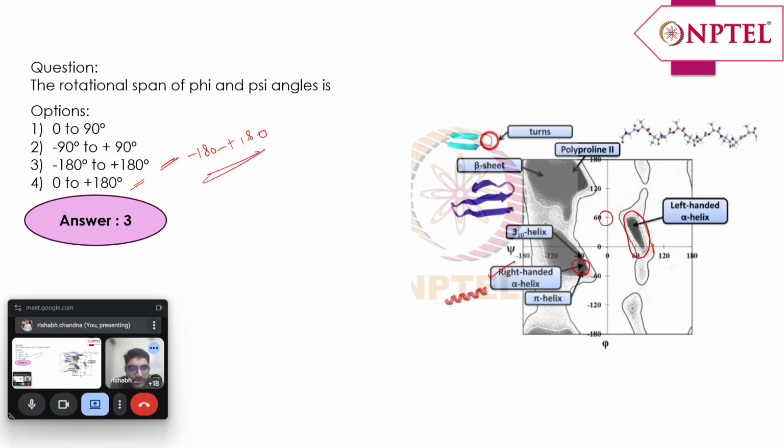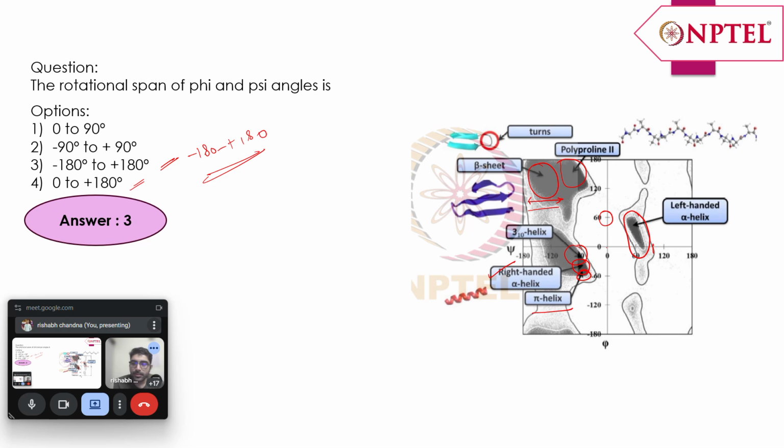This small region corresponds to the pi helices, and the region above leads to the 310 helices. This region leads to the beta sheets. There are different angles from which the beta sheets vary, and then we have the polyproline ring that leads to this region. So this is how we have to remember which region of the Ramachandran plot indicates which part of the secondary structure of the protein.